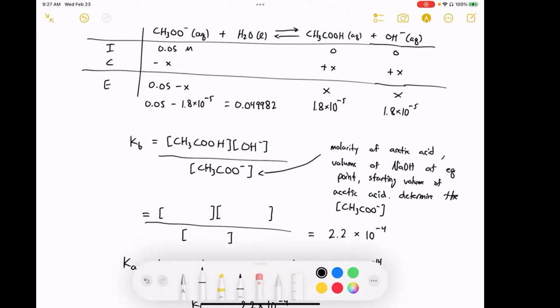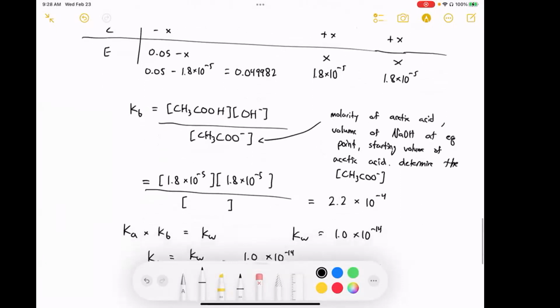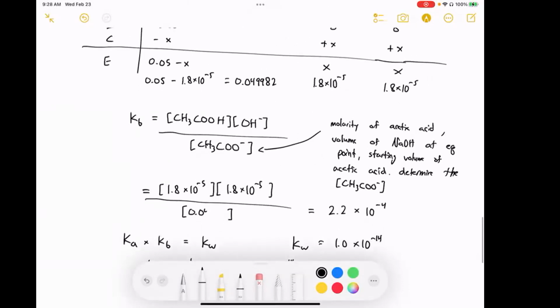Okay, so let's do 1.8 times 10 to the negative fifth, 1.8 times 10 to the negative fifth, and then lastly we have 0.049982. Okay, so let's try again. 1.8e negative 5 squared divided by 0.0499982.